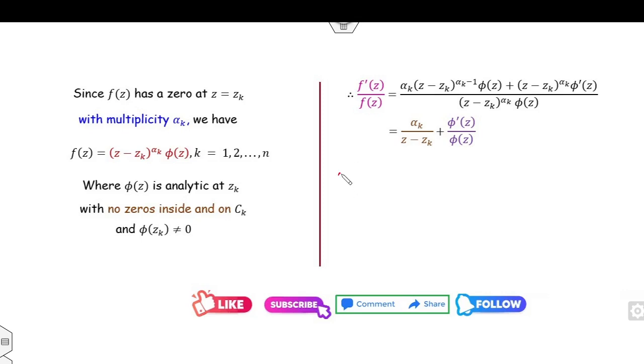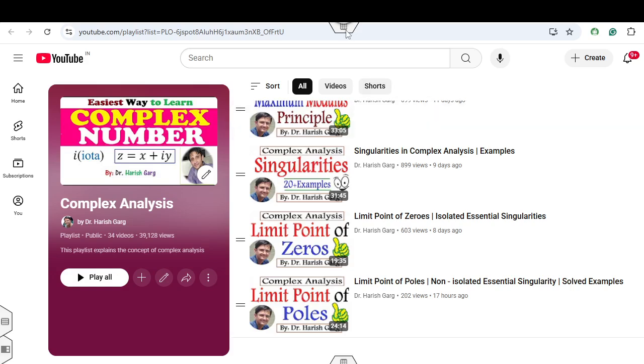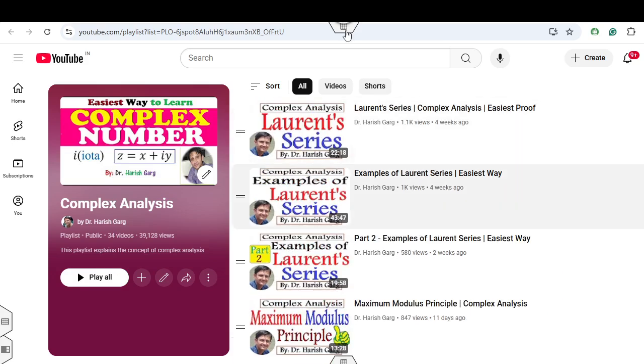Fine. Now I can multiply by 1 over 2 pi i and integrate f dash over f over the circle Ck, so this will be integration on both sides over the circle Ck. Now clearly phi is analytic. This implies phi dash is also analytic, because we already proved that the derivative of an analytic function is analytic.